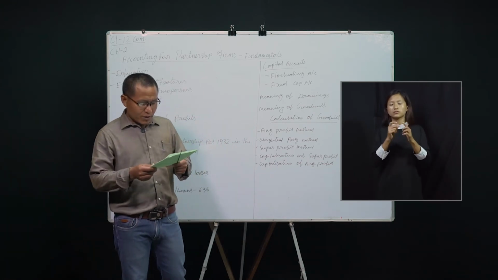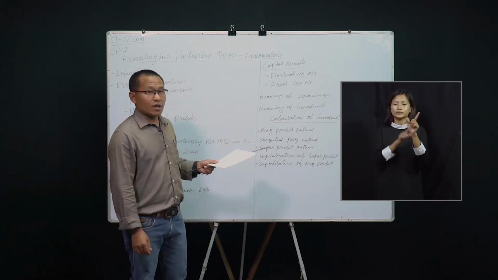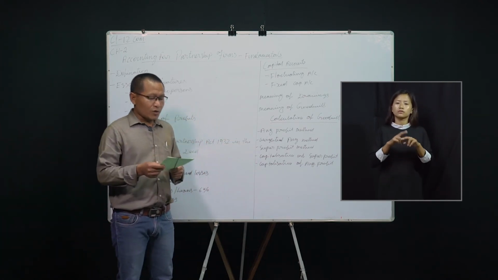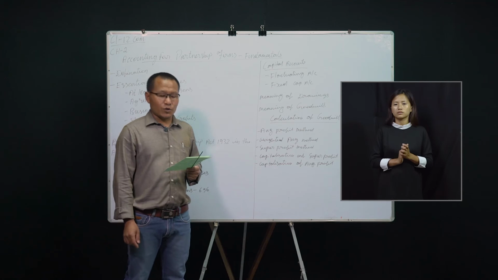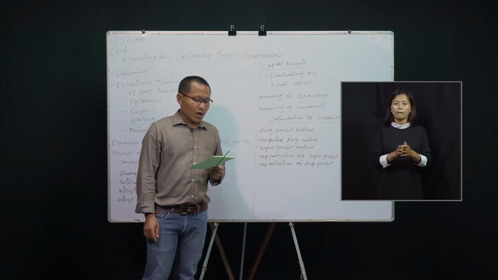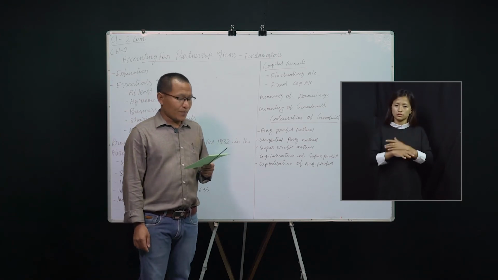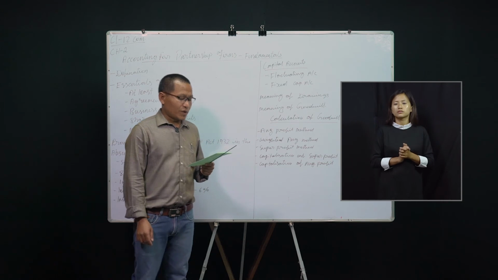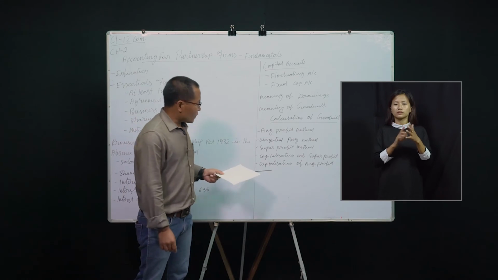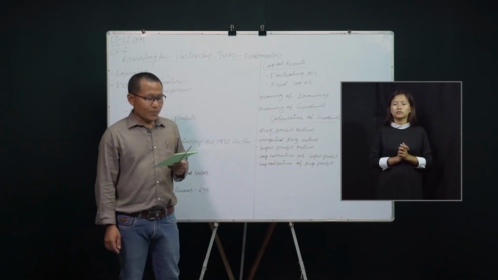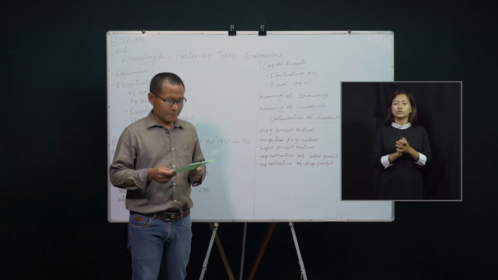Under the average profit method, the formula is average profits into number of years' purchase. Then the weighted average method: weighted average profit into agreed number of years' purchase. The super profit method is super profits into number of years' purchase. Then capitalization of super profit is super profits into 100 by normal rate of return. The last one, capitalization of average profit, is capitalized value minus net assets.